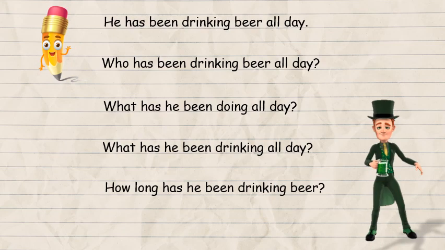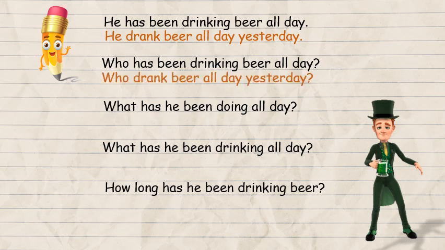Change these sentences to simple past tense with yesterday. He has been drinking beer all day. He drank beer all day yesterday. Who has been drinking beer all day? Who drank beer all day yesterday?